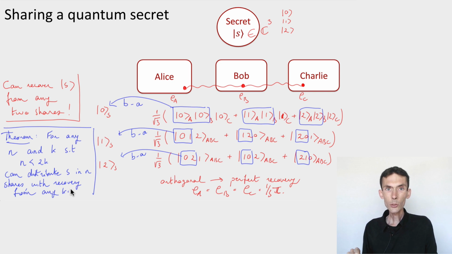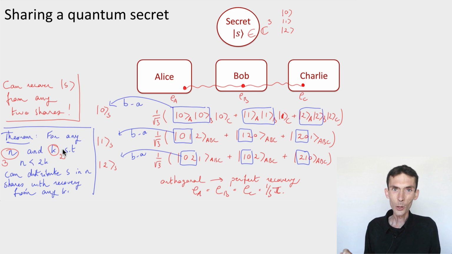And we saw the simplest example of this theorem, which is, in our case, we had n equals 3, k equals 2, and you can check that indeed it's the case that 3 is less than twice 2. Now why this restriction? See that the theorem doesn't let us share anything between 2 parties, because if n is 2, k has to be at least 1, there's no way this inequality is going to be satisfied.